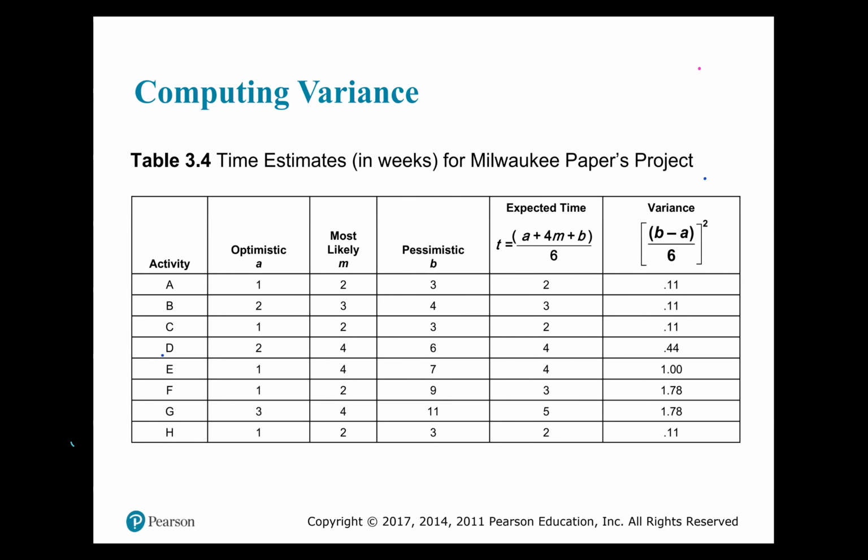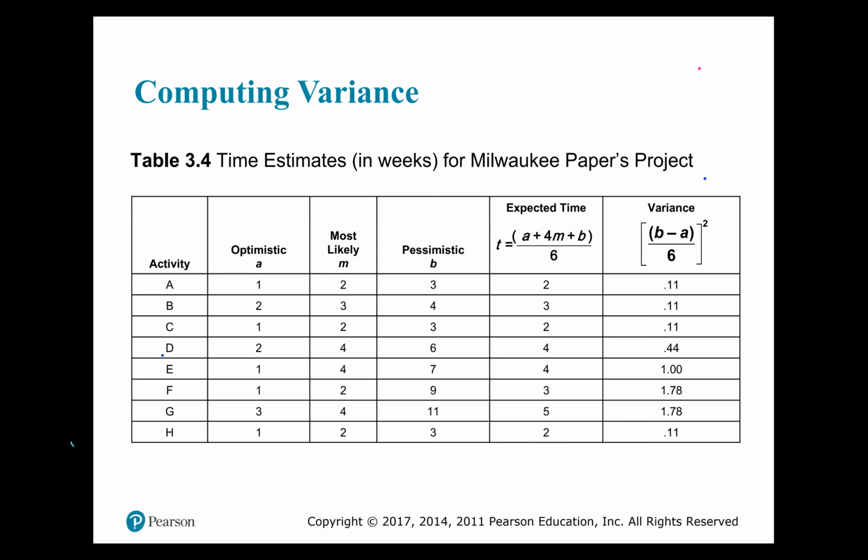Because you have varying times for each activity, what can happen therefore is that the expected completion time of 15 weeks can be expected to vary also, since we're not dead sure anymore about the time that each activity can take.